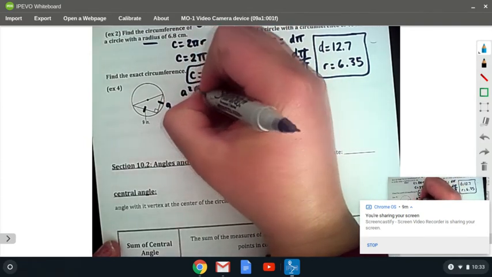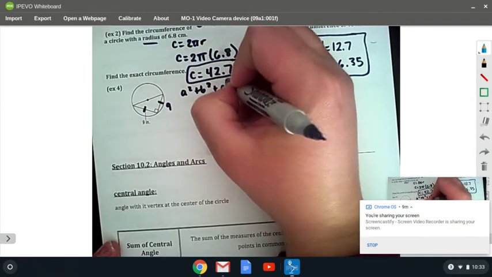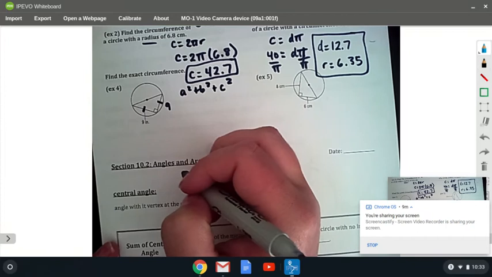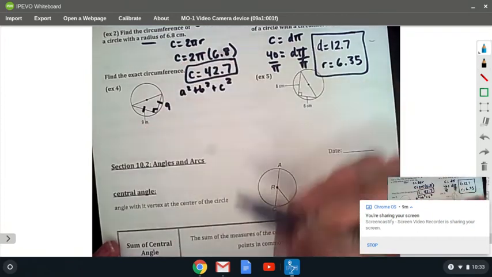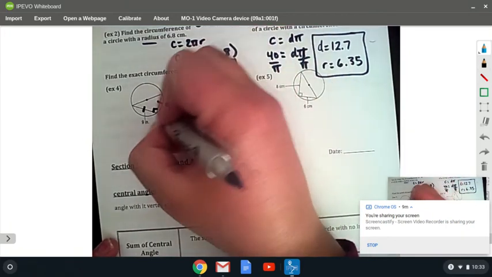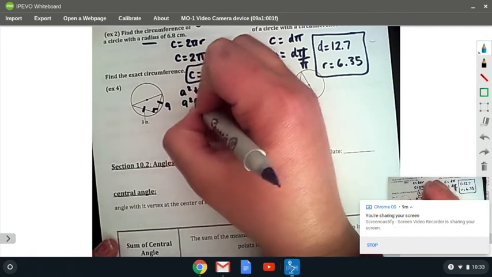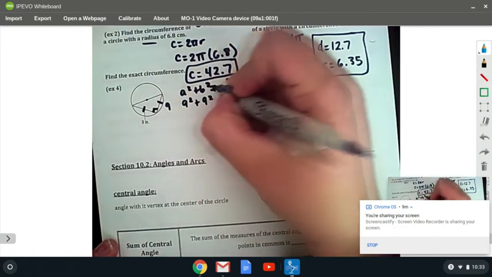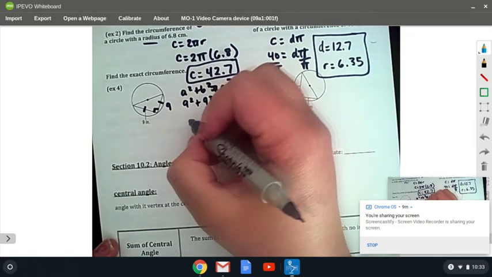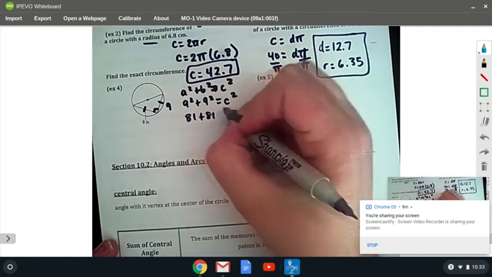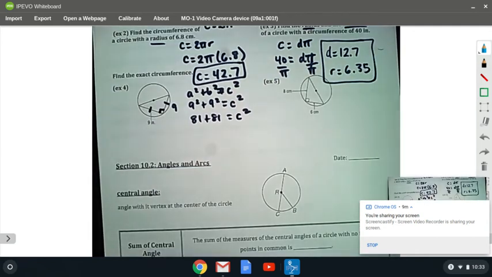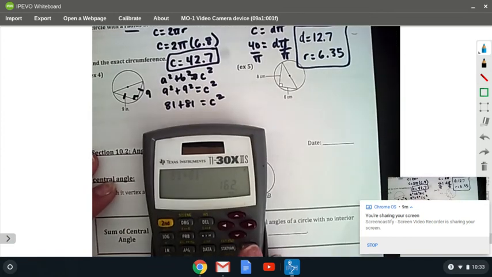So a squared plus b squared equals c squared is my Pythagorean theorem. It's a right triangle. So I'm going to plug in, these are both my legs. I'm looking for my hypotenuse. So this will be 81 and 81. 81 plus 81 gives me 162.